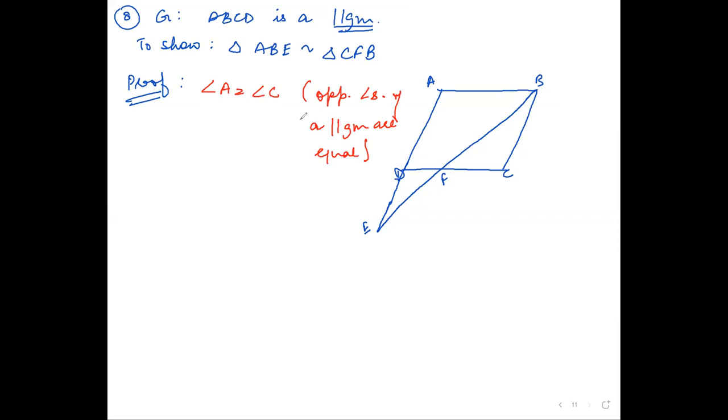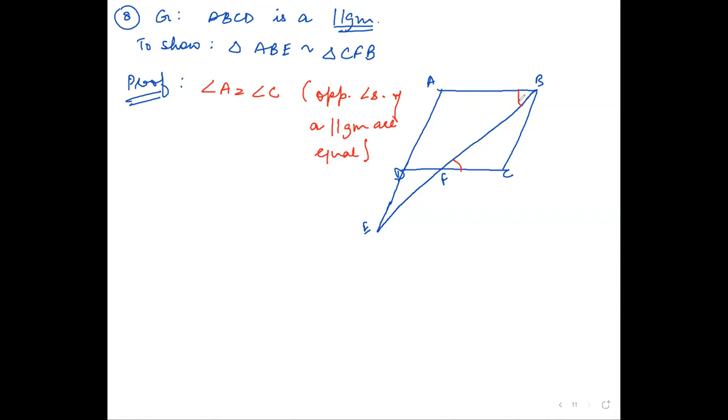Ma'am, angle CFB is equal to angle ABE. Sorry, again say. Angle CFB is equal to angle ABE. Why do you think so? Ma'am, because they are alternate interior angles.